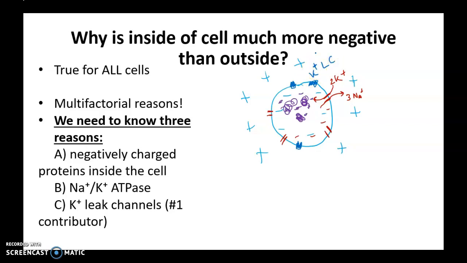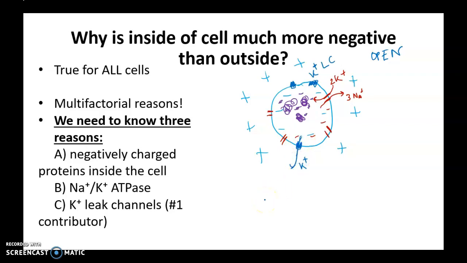Now, leak channels, they are always open. Please remember, leak channels, they are just open all the time. And it is through these leak channels that the potassium trickles out. It's slow movement. It's like dripping. So potassium trickles out via these leak channels.